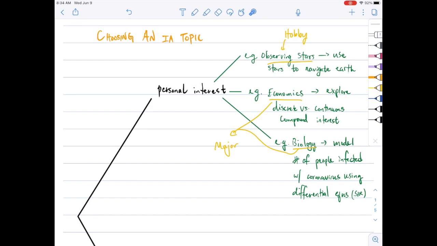I would say that differential equations is something that you might want to look up, especially if you're doing a calculus-related IA. Differential equations is possibly the most important portion of calculus, and we're not going to get to it until later in DP2. However, your IA might revolve around differential equations.